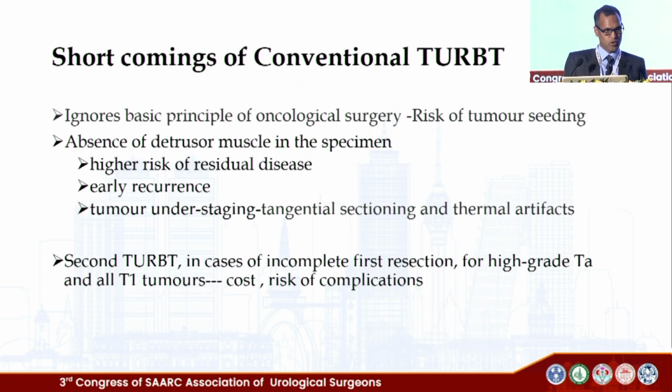There are several shortcomings of conventional TURBT, which involves ignorance of basic principles of oncological surgery, that means the risk of tumor seeding, and the absence of detrusor muscle in the specimen, which gives rise to a high risk of residual disease at the site. There is also a possibility of early recurrences and tumor understaging because of the tangential sectioning and the thermal artifacts of the conventional TURBT.